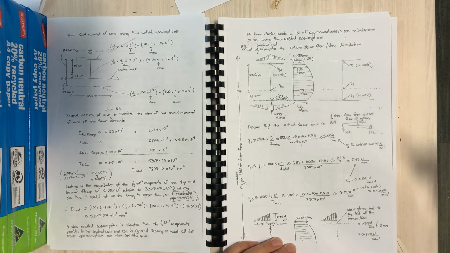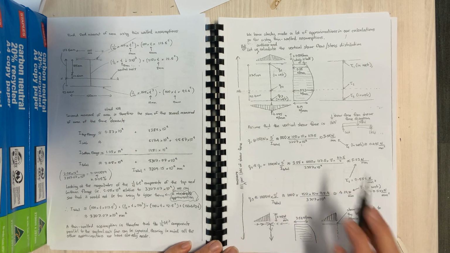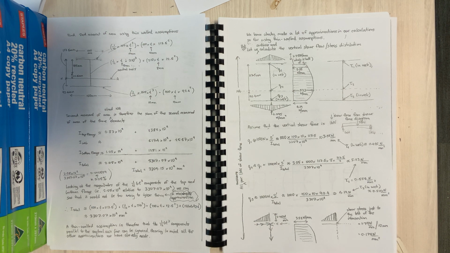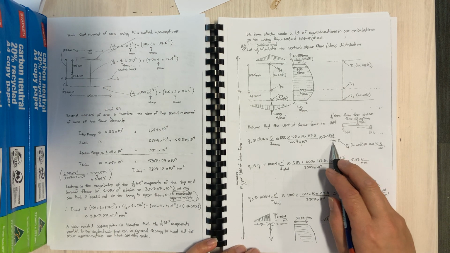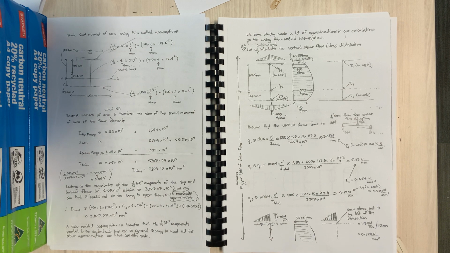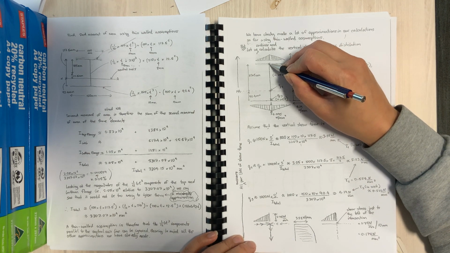We're just pretending that we're making our slice, and we can work out what Q1 is just by doing S dash over I total, and we get 356 newtons per millimeter. So that would be the Q1 at that junction there.